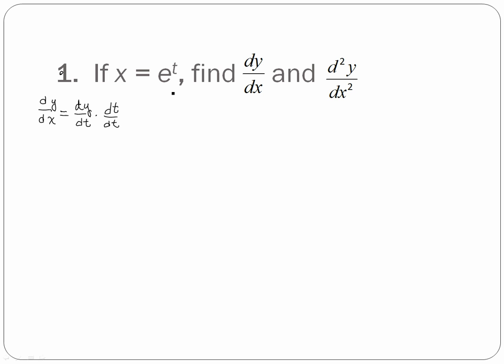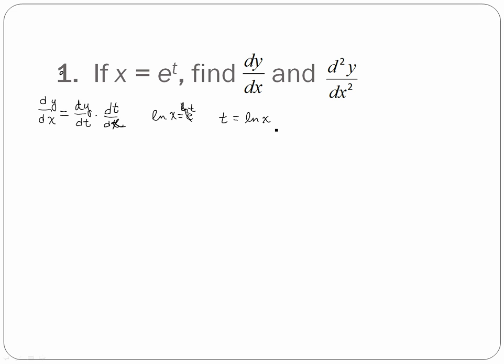So here I have x defined in terms of t, and what I'm really looking for here is my dt dx. I need the derivative of this with respect to x. Let me take this equation, x equals e to the t, and solve it for t. You can solve for t by taking the natural log of both sides. On the right side, the natural log and the exponential drop out, so you get t is equal to natural log of x.